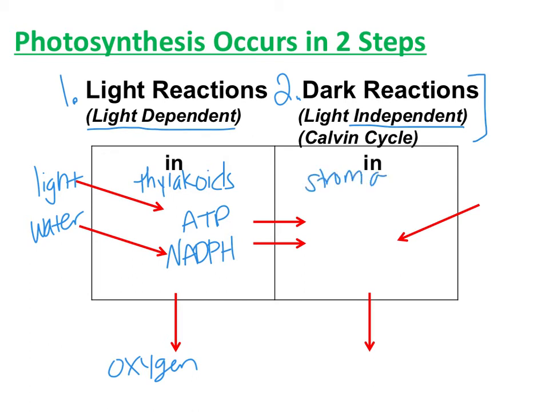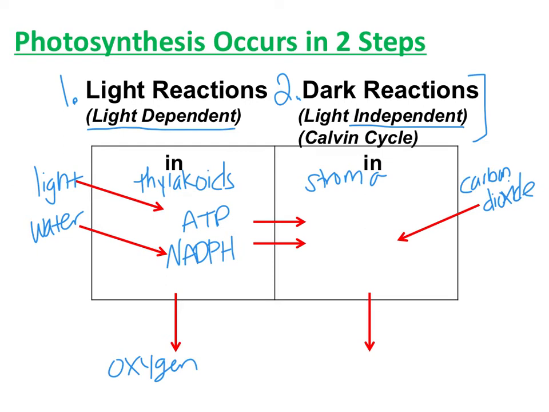It's like the syrup around those pancakes. And the dark reactions use a gas called carbon dioxide. That gas was trash in cellular respiration, but here in photosynthesis, a plant uses carbon dioxide.